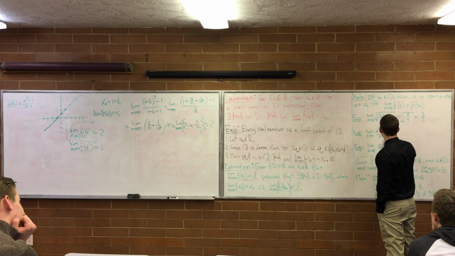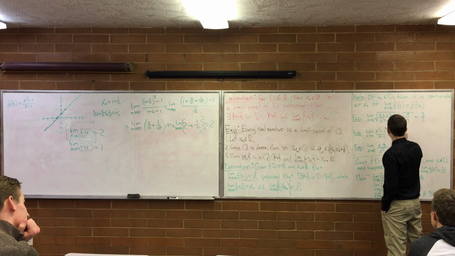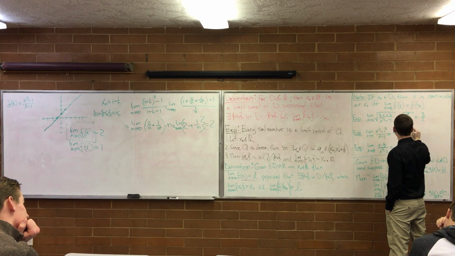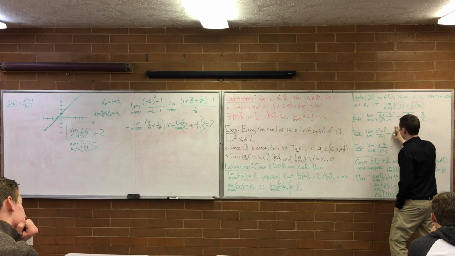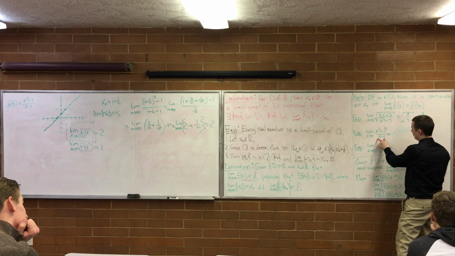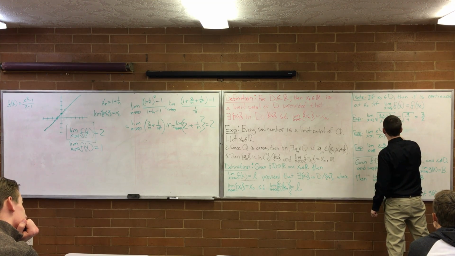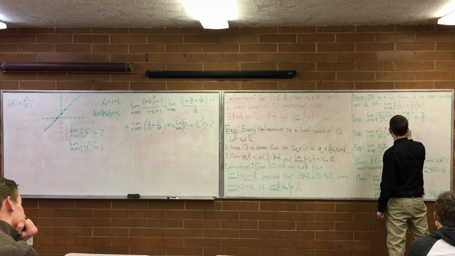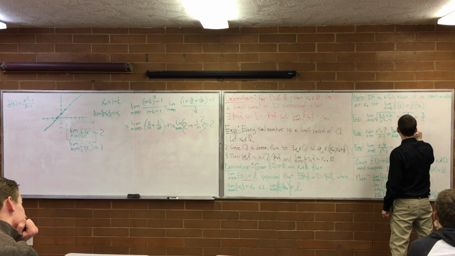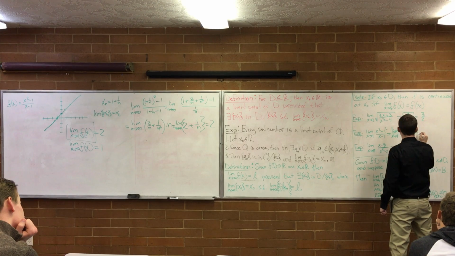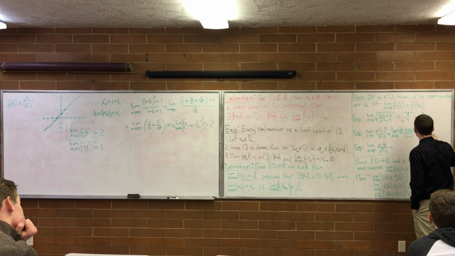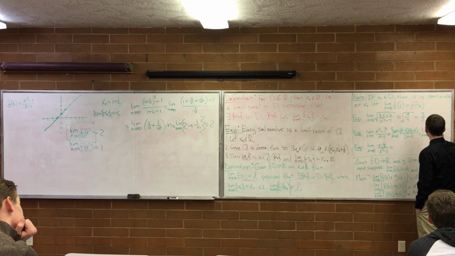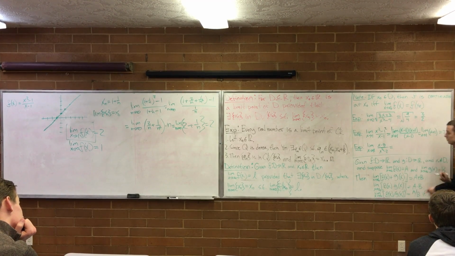Well, what you had was x plus 1 over x minus 1, x plus 1. Sorry, you're right. The limit as x goes to 1 of this thing is the same thing as the limit as x goes to 1 of this thing, which is equal to the limit as x goes to 1 of this thing, which is equal to 2.